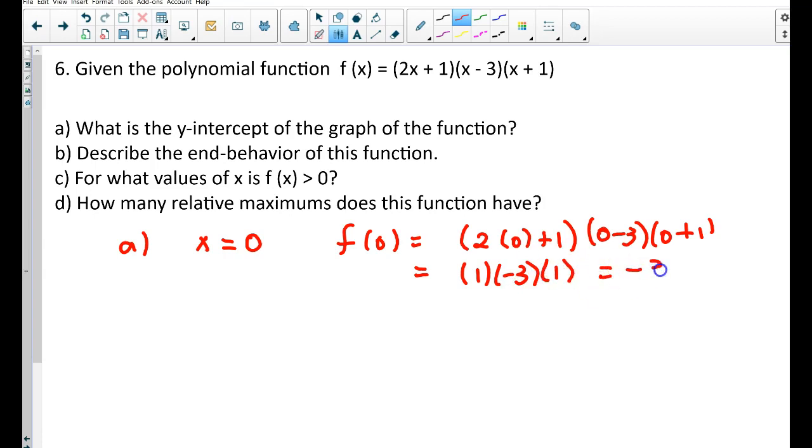And so in this case, the y-intercept is negative 3.